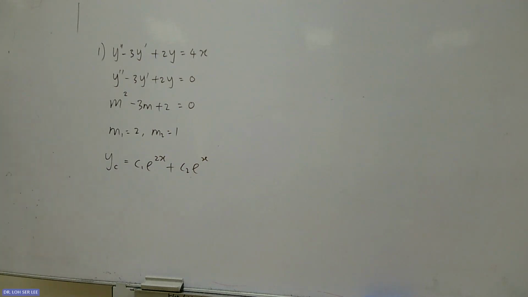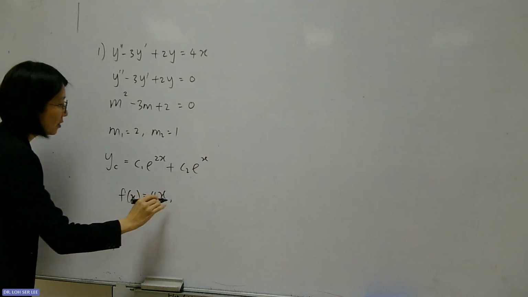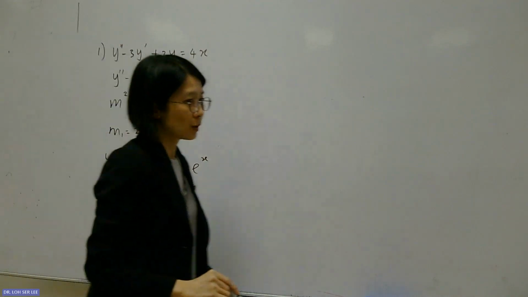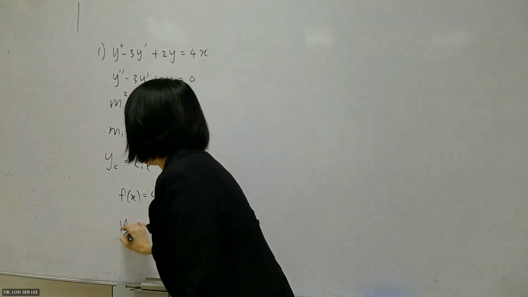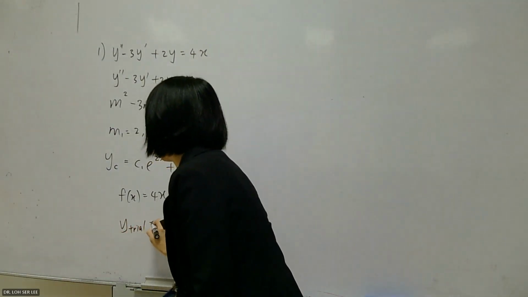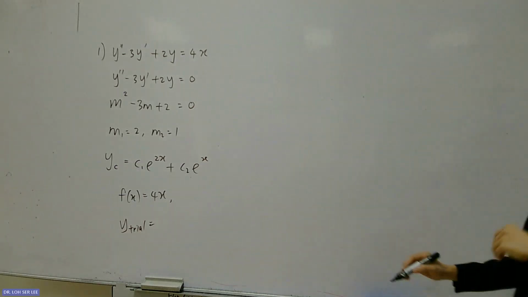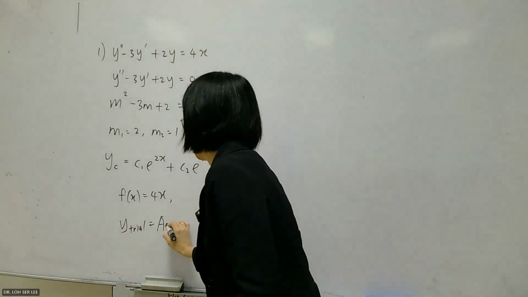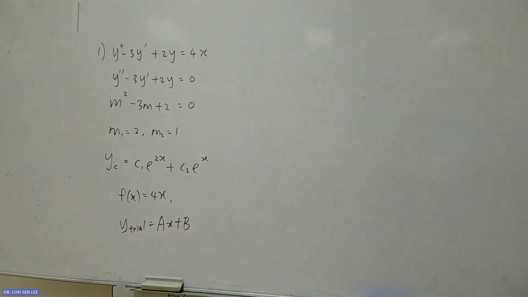Next, your f(x) is 4x. So what is your y trial? Ax plus b. Now we want to check for the duplication.